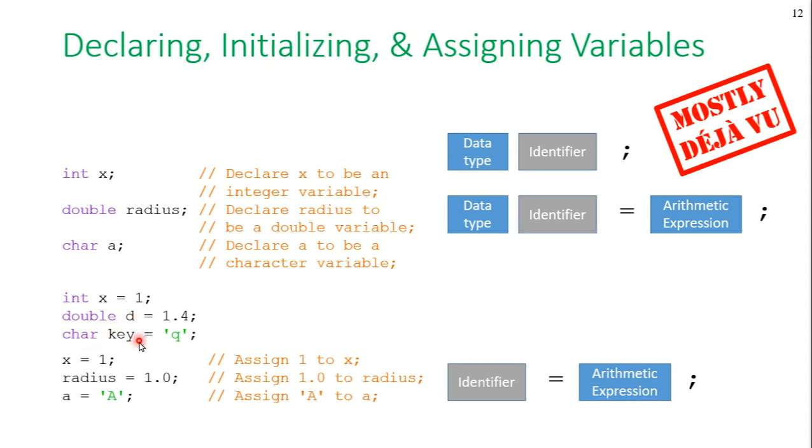So I declare a char named key, and I initialize it to Q, the letter Q, 1 character, okay? So to tell Java that this literal here is not a string of text, but just a single character, we use single quotes. Easy to remember, right? Single character, single quotes; string of text, double quotes, okay?